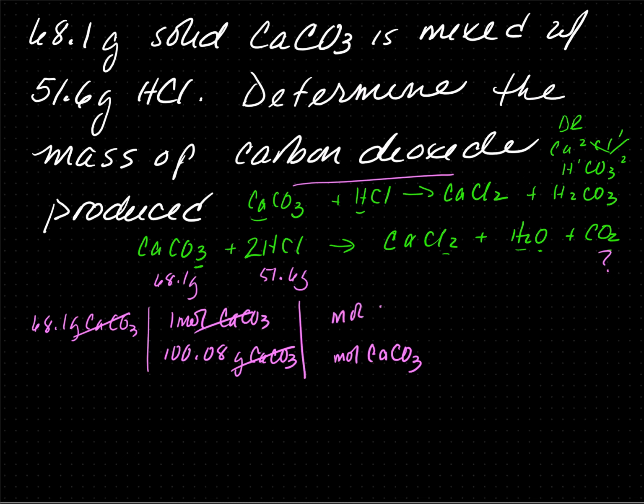We're going to go to moles of CO2. The coefficient for both of them is 1, so this is 1, 1. Moles of CO2, because they want mass. 1 mole is 44.01 grams of CO2.